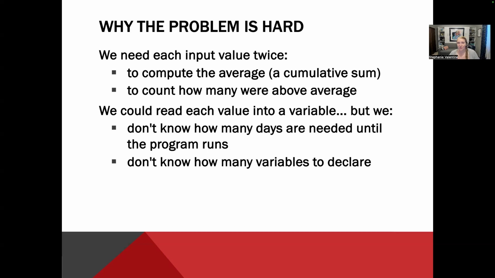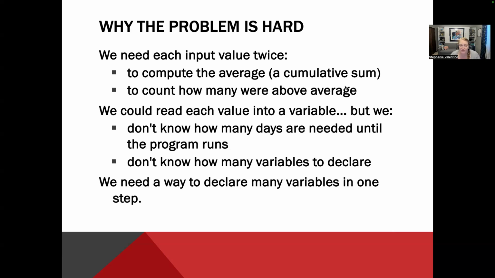You're probably thinking, well, this could be easily done in a loop, but it can't be done in a loop given the tools that we have right now, because we need to keep each variable separate, which means we need to ask for it separately, and things are starting to get complicated. We need a way to declare many variables in one step.